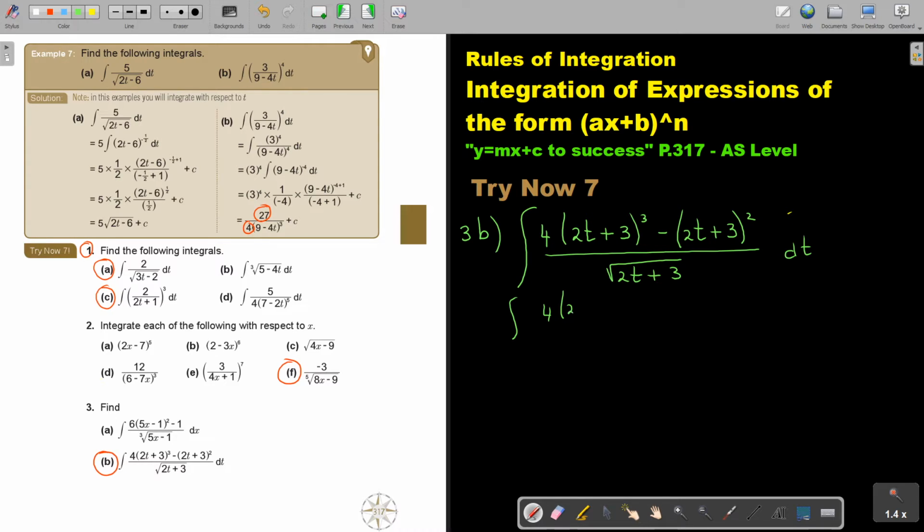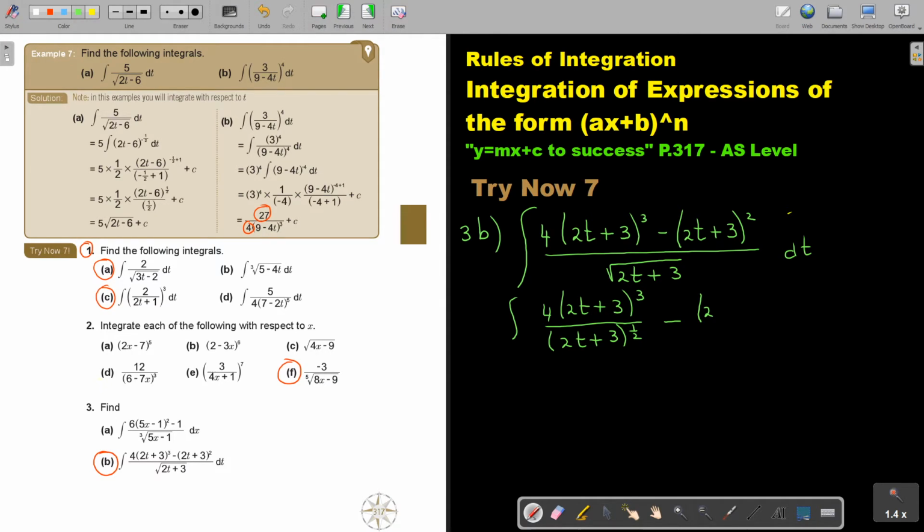It's going to be 2t plus 3 to the power of 3 over, and just make 2. Luckily, all the bracket inside is 2t plus 3. But that was a half. So minus, so I'm taking the denominator to divide by the first and the second. I'm breaking it up.